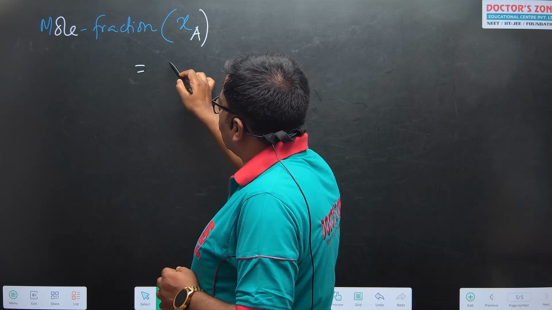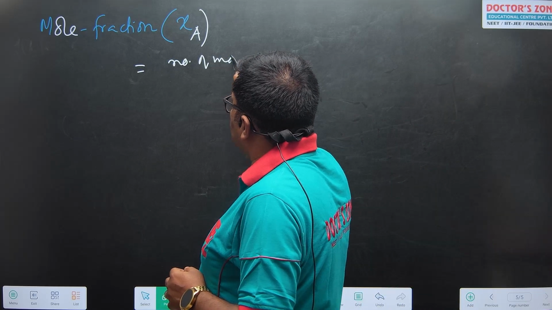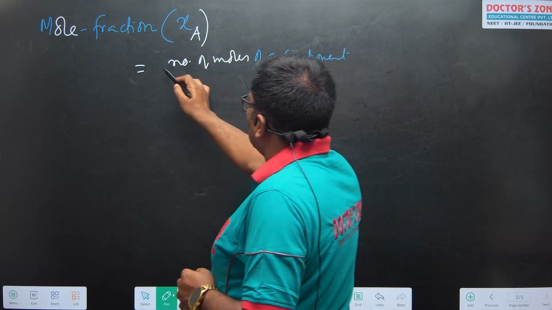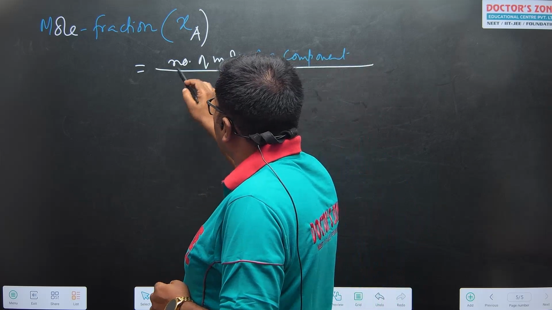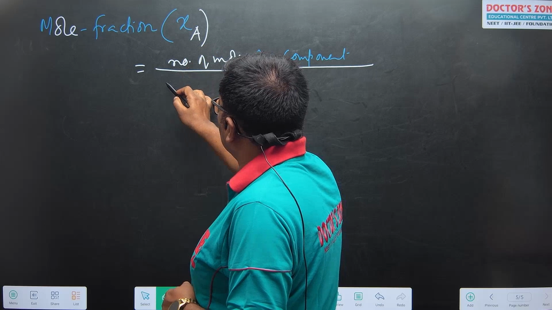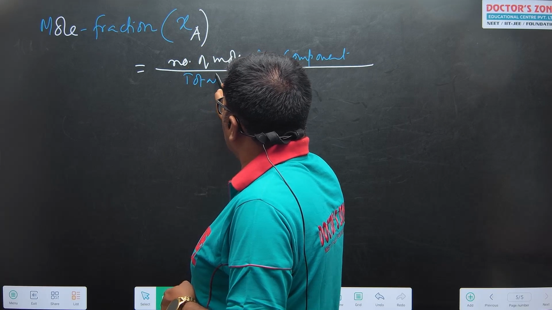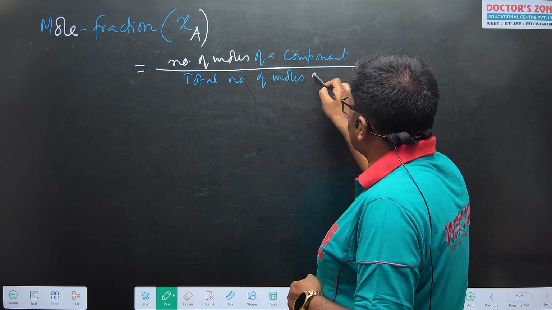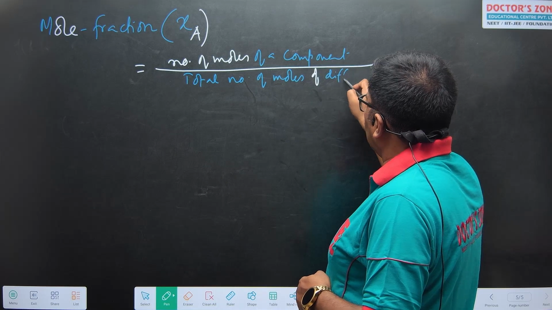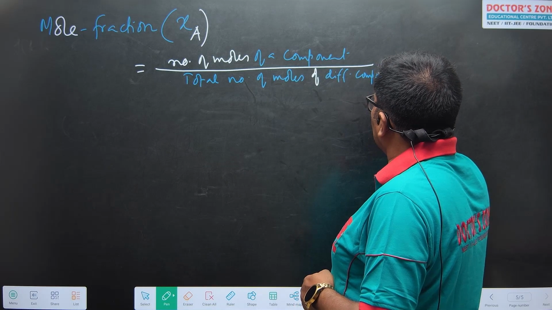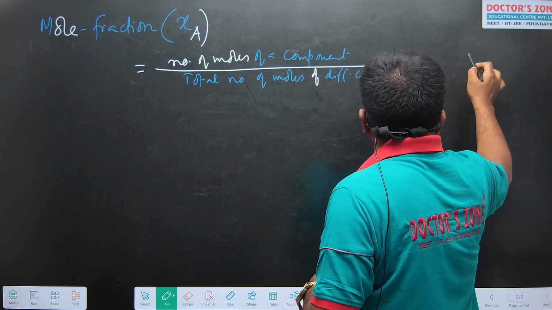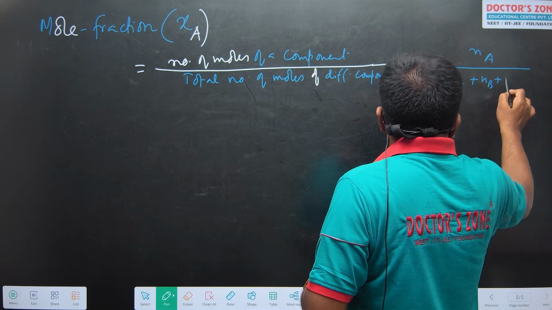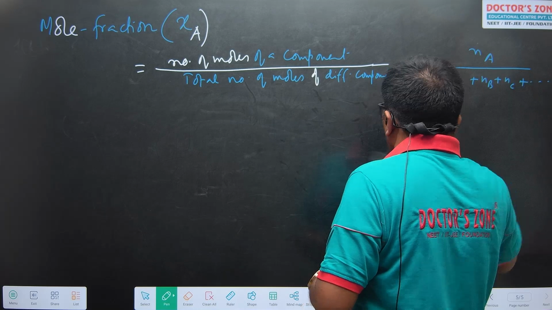It is the number of moles of a component divided by the total number of moles of the different components. That is, it will be Na by Na plus Nb plus Nc plus dot dot dot.